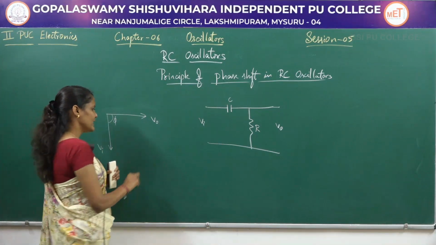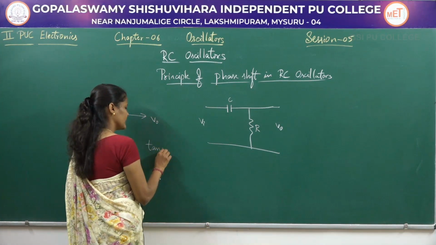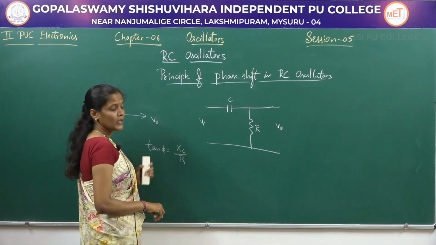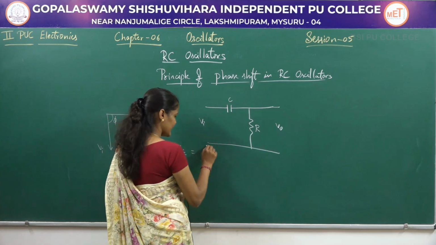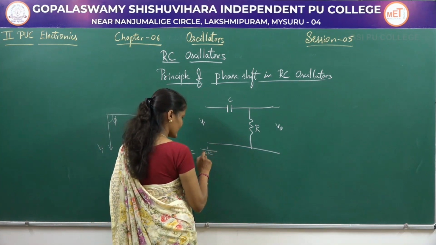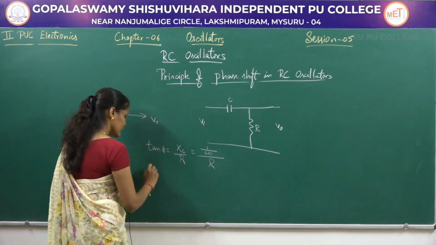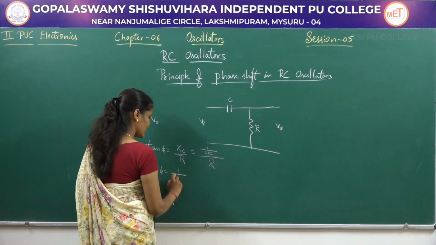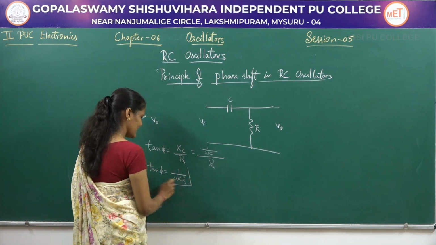That phi, tan phi, can be written as XC divided by R. But XC is equal to 1 divided by omega C, whole divided by R. So tan phi will be equal to 1 divided by omega C R.